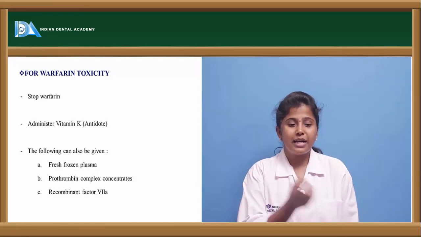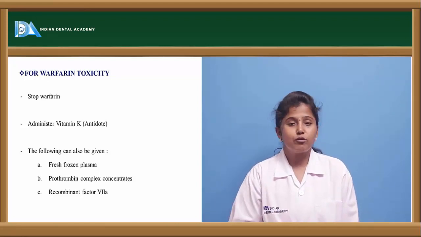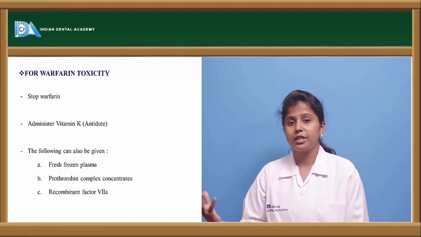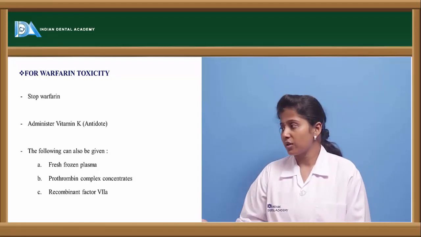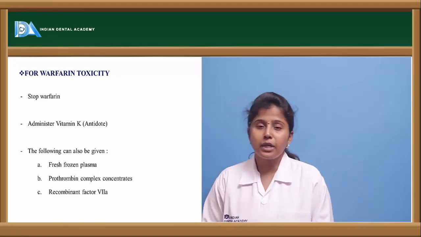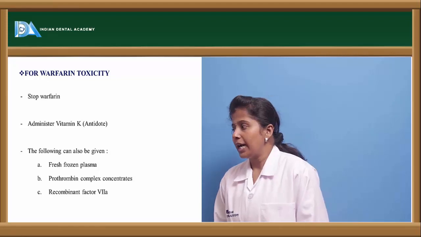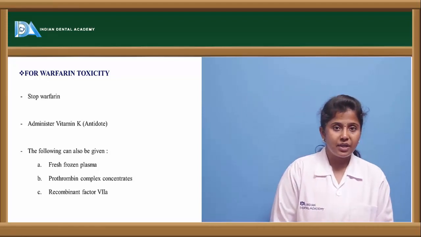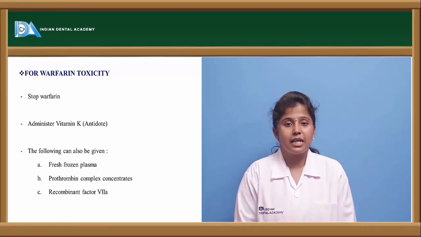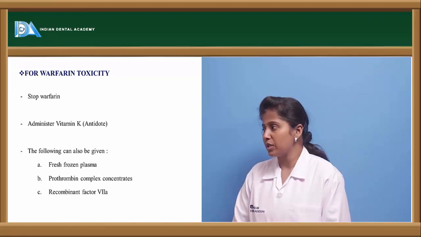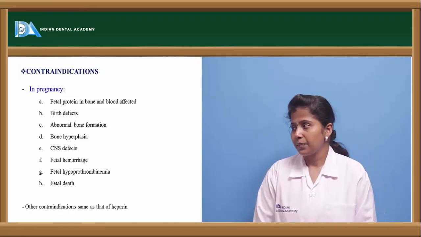So we have to extract plasma, and we have to store it, and the fresh frozen plasma is to be administered in order to antagonize the toxicity of warfarin. Prothrombin complex concentrates, the prothrombin supplements, are given, and recombinant factor 7A. This 7A is prepared through recombinant technology, and that has to be administered in warfarin toxicity.